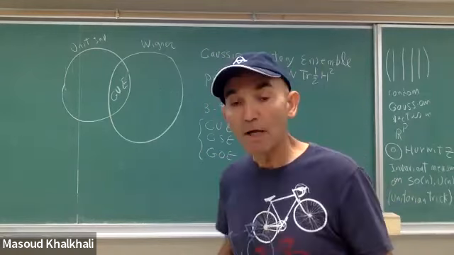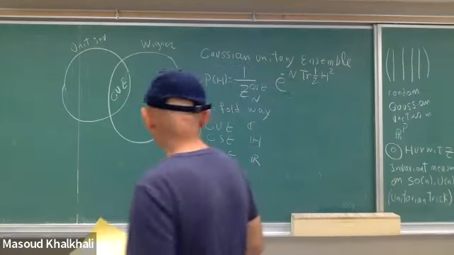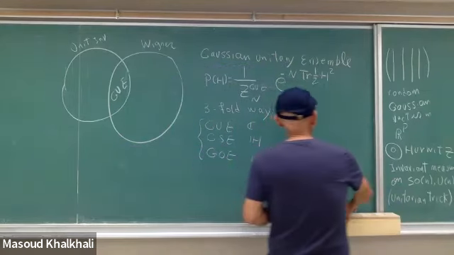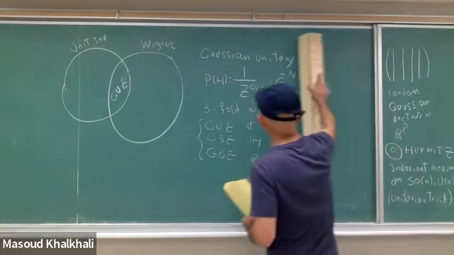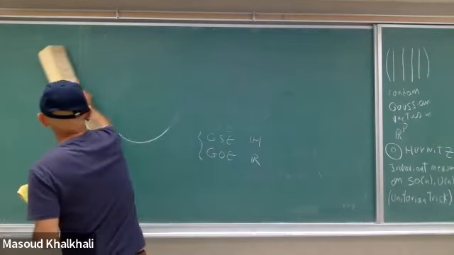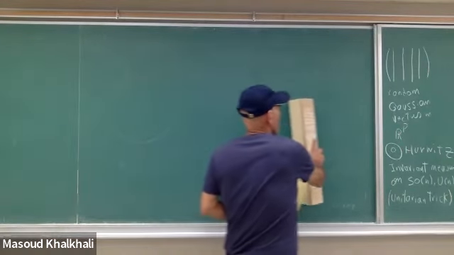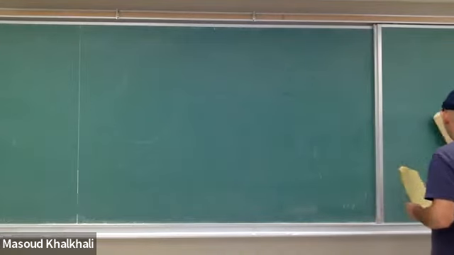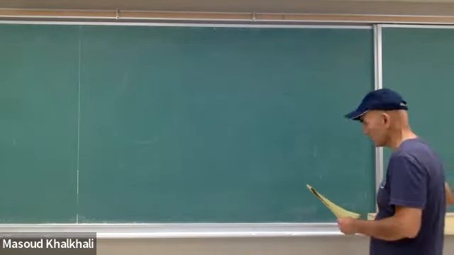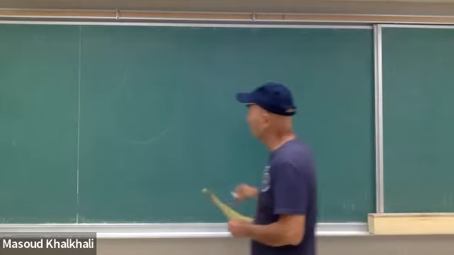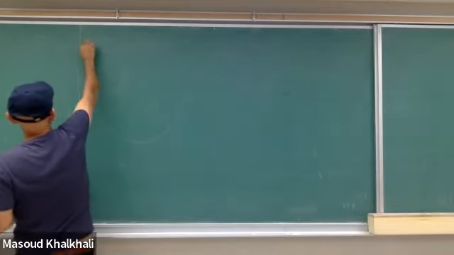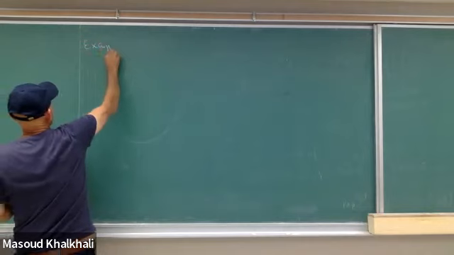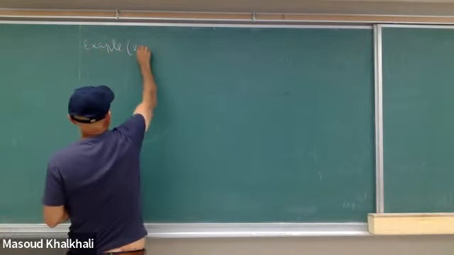Yeah, sure. Okay, so now let me do a problem or example of this thing. Actually, the example that Wigner did first. This is called Wigner's surmise.